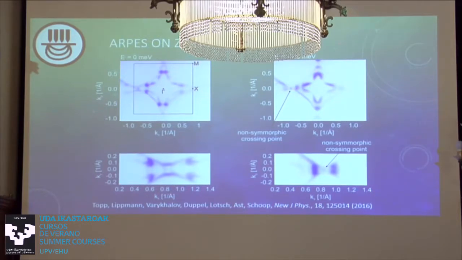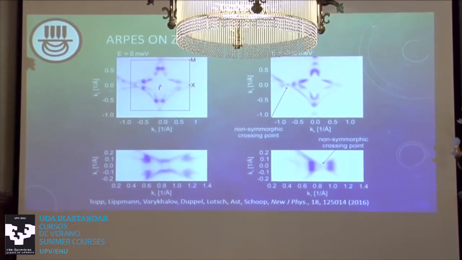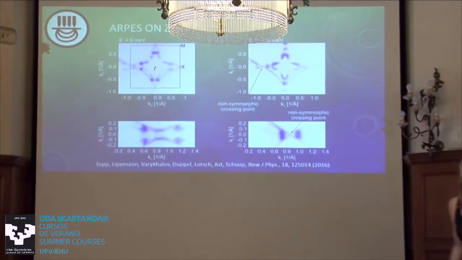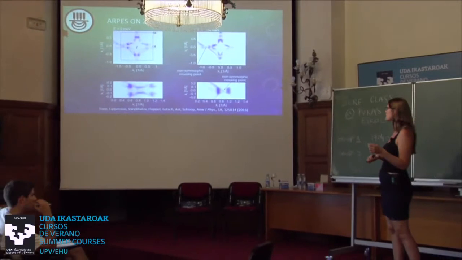And we did that. We see the second one, the lower one, at minus 300 milli-electron volts where it's supposed to be, but the one directly at the Fermi level here, there's not really a dot, this is a circle. That means our Fermi level is not exactly where DFT wanted it to be, which can be normal because compounds are often hole or electron doped a little bit in reality, right? There's some defect.